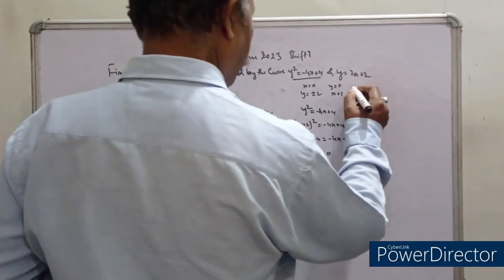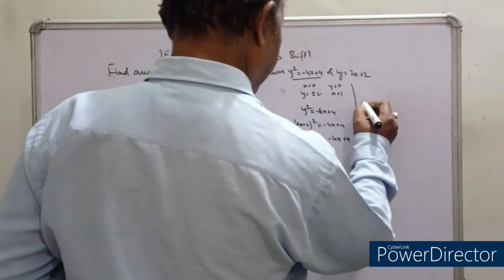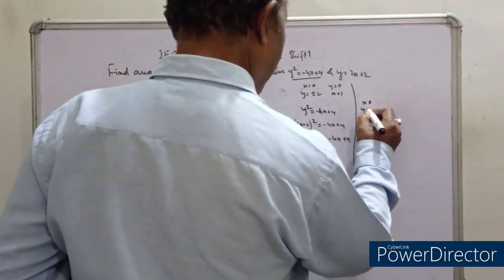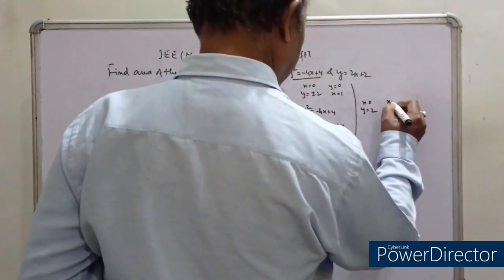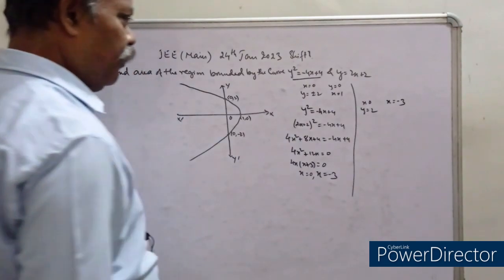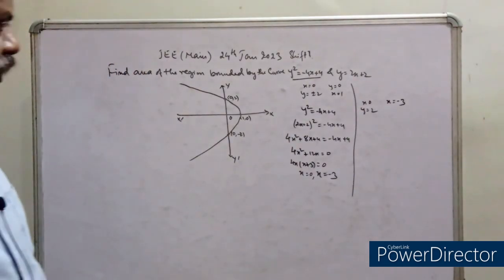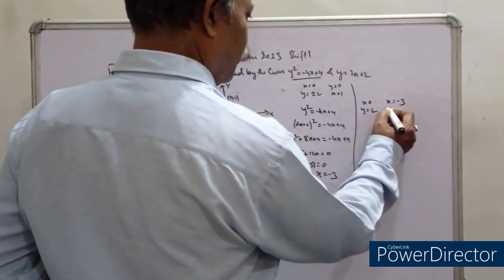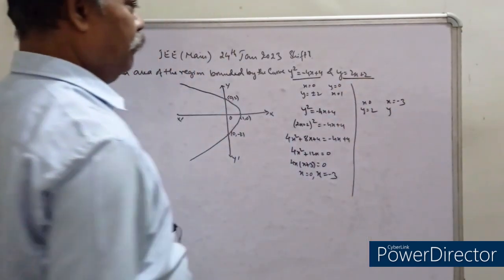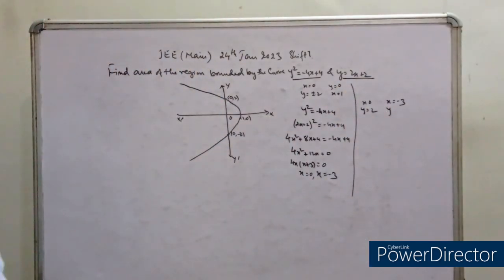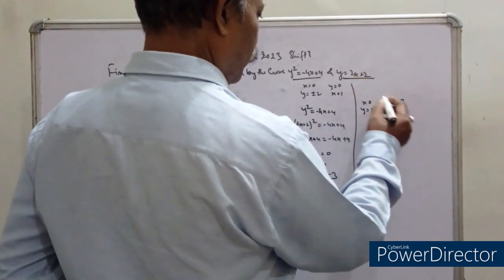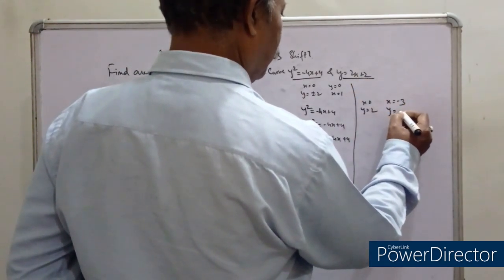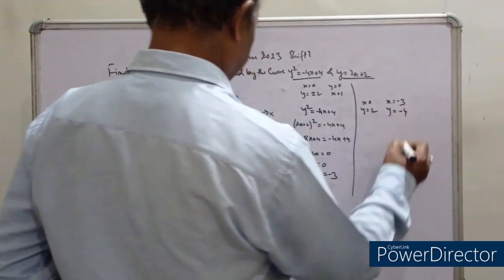Now if we place the value of x is equal to 0, your y comes out to be 2, and if you place the value of x is equal to minus 3, I am placing the value of x in this equation, your y comes out to be minus 4.